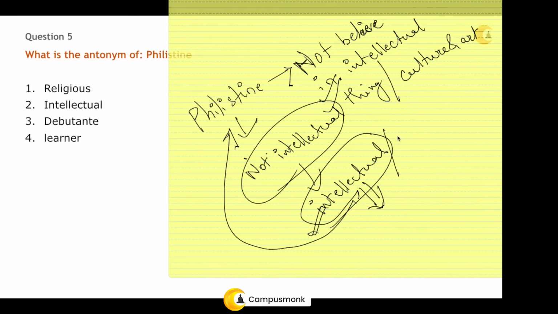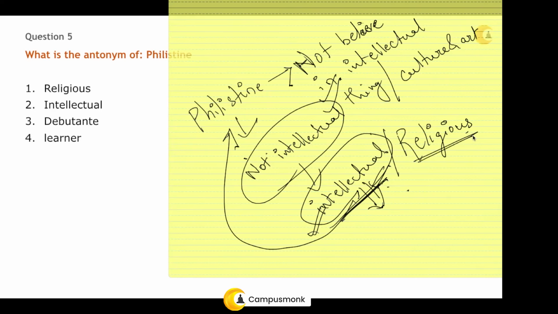So religious is the synonym of intellectual, okay? Now intellectual is also given. Alright, then a learner. A learner is not someone who's Philistine. You need to find the antonyms, okay? So you have two options that are same as the opposite of Philistine. One is intellectual, one is religious.